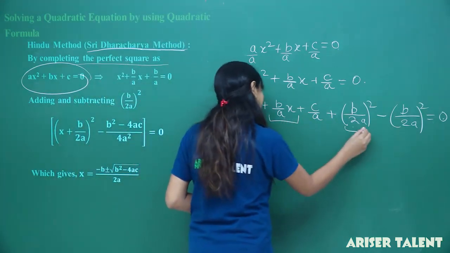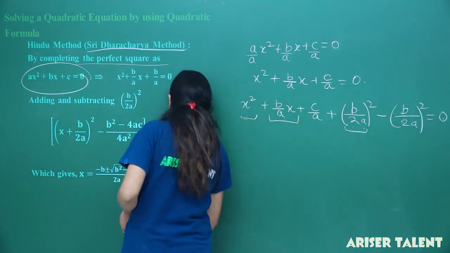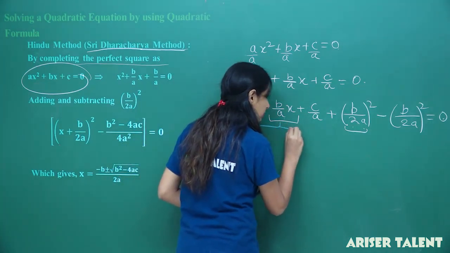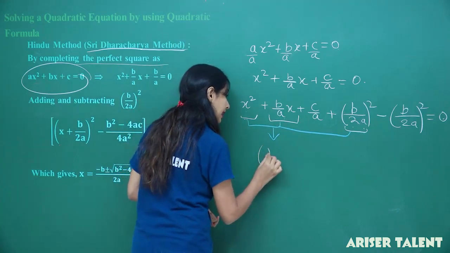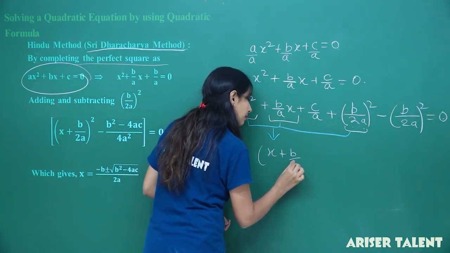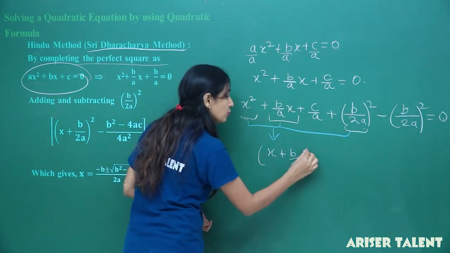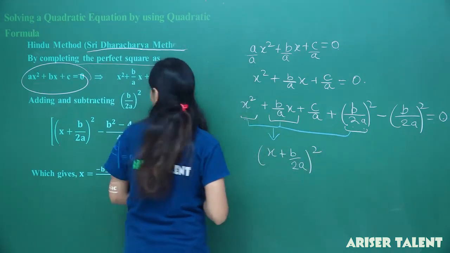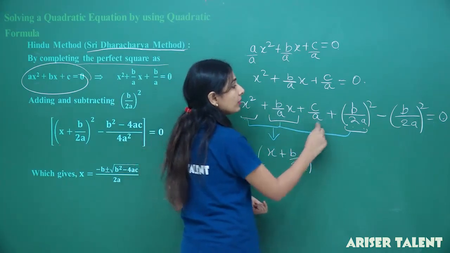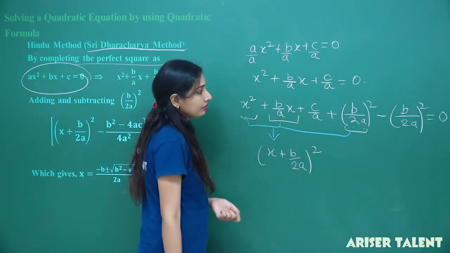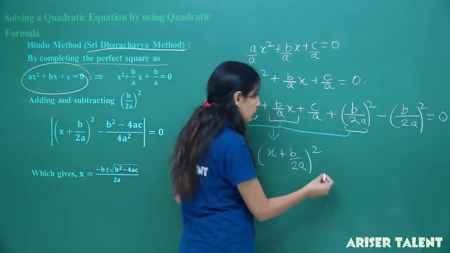So I can combine these three values here and write x plus b by 2a whole square. See, here you can find the exact term. Now, what about the remainings? Let's deal with that too.